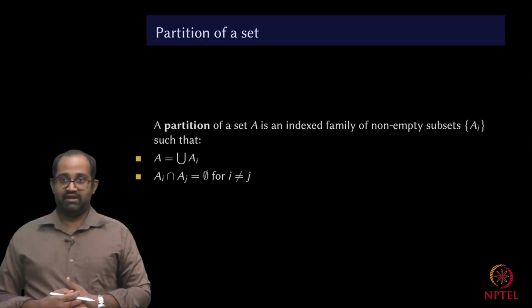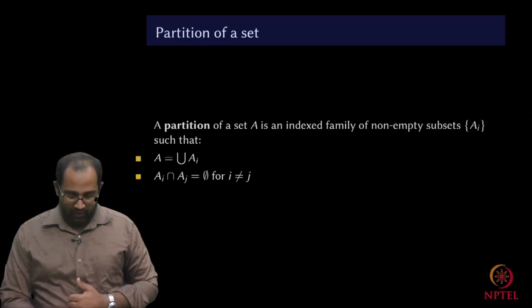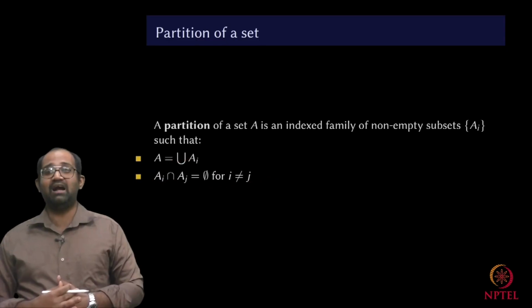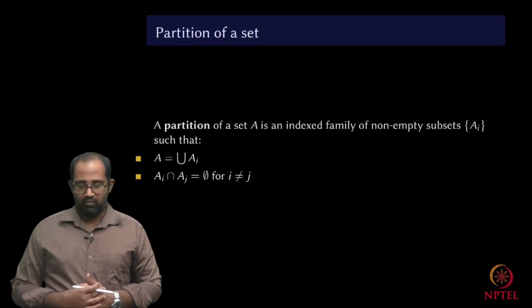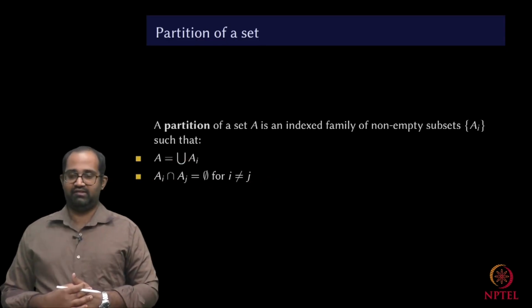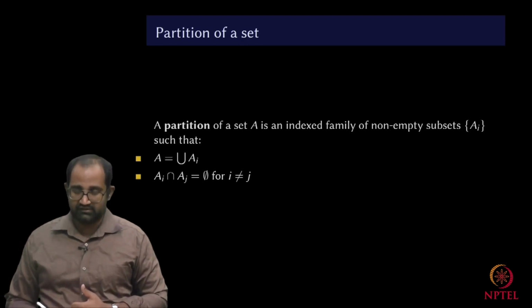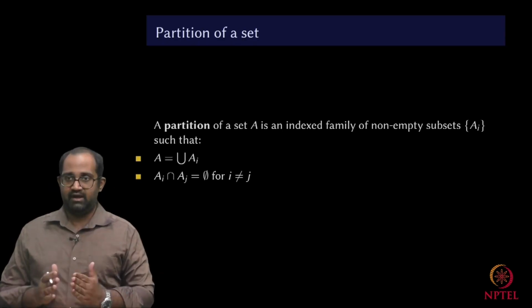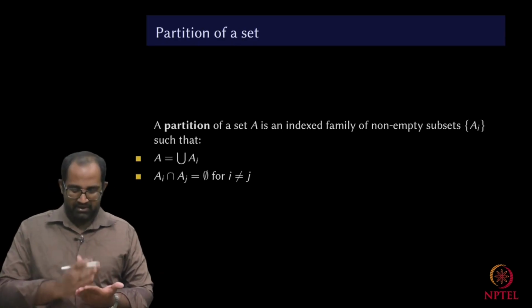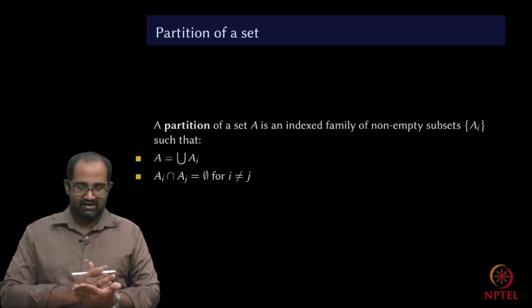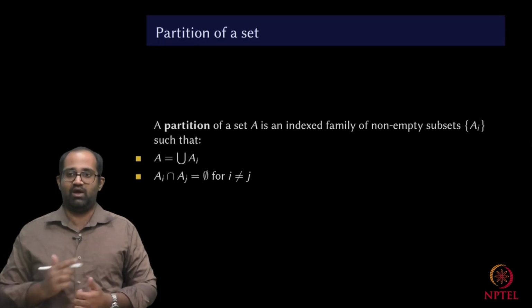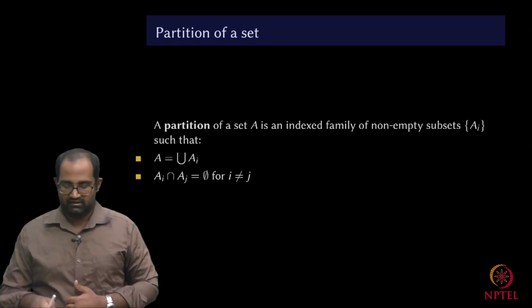So, in the definition of a partition, we do not allow multiple names for the same set. What you are really doing is, you have this mother set A and you are breaking that set up into multiple pieces such that each piece is referred to only once. That is what a partition is.